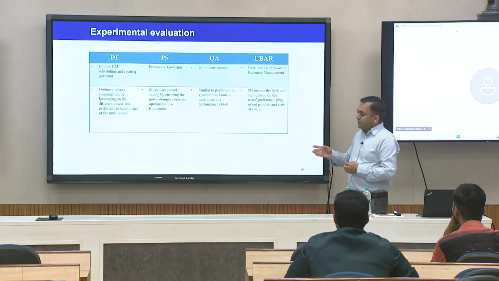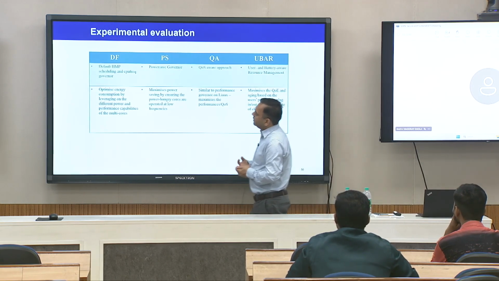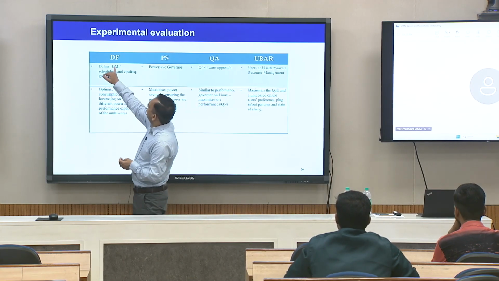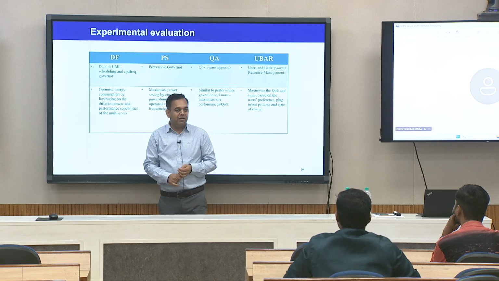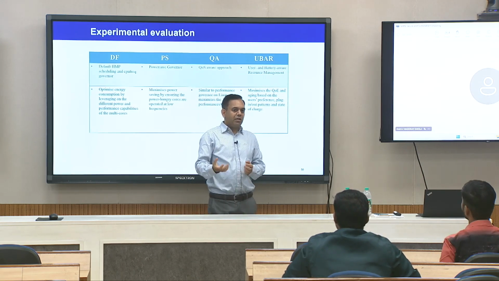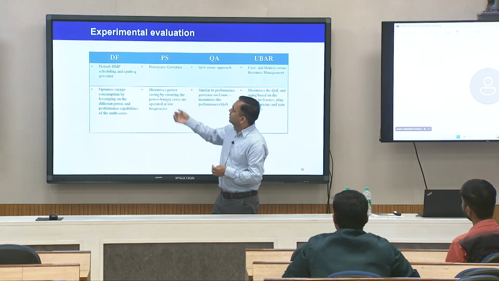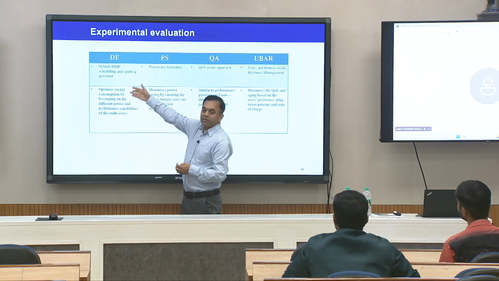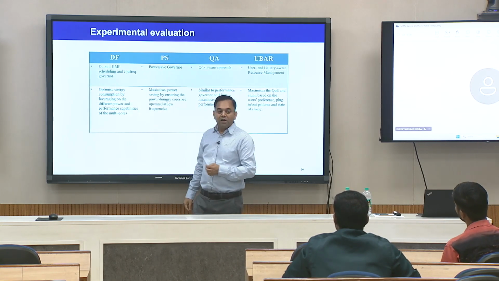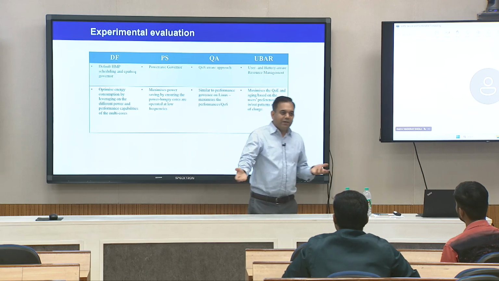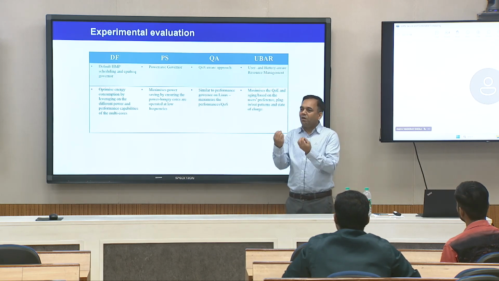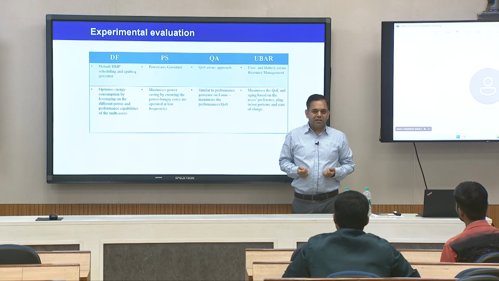Again, some evaluation results. There is something called the default method that is in the smartphone. This is in all smartphones at the moment. We took that method, and there is another method called power save. Power save, like it says, you always want to run at the lowest frequency.